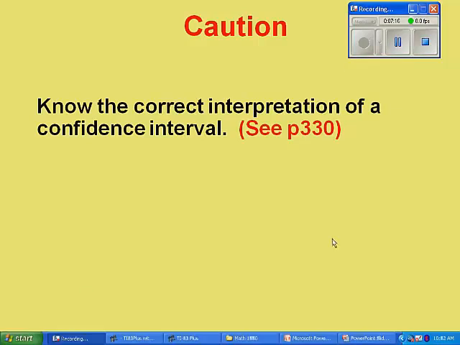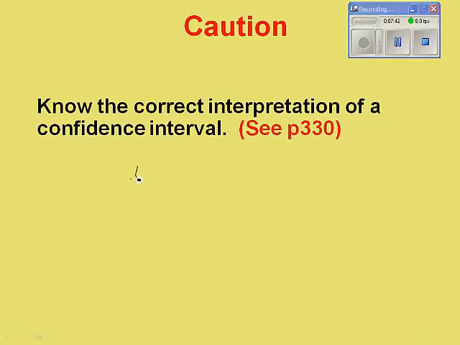Yeah, I'd like you to take a moment to look at page 330. This is important. You need to know the correct interpretation of a confidence interval. And you might want to make a little note to yourself to look at page 330 again whenever you're trying the homework. Okay? So let me open up to it. So if you read the correct, suppose your confidence interval was this.